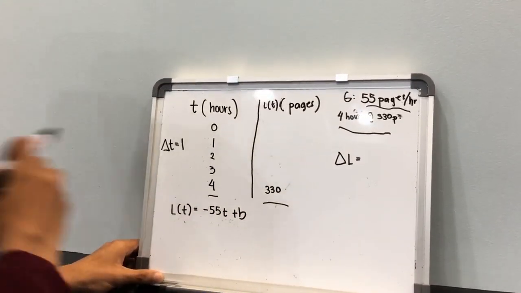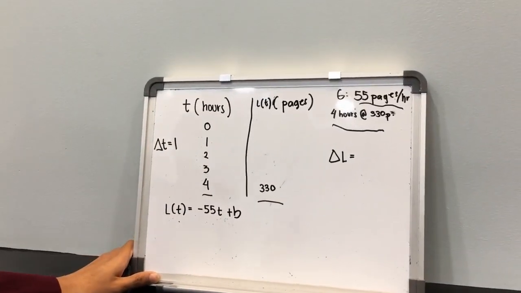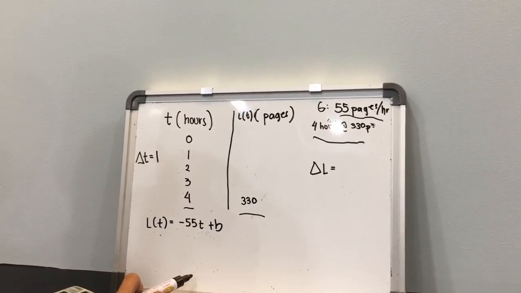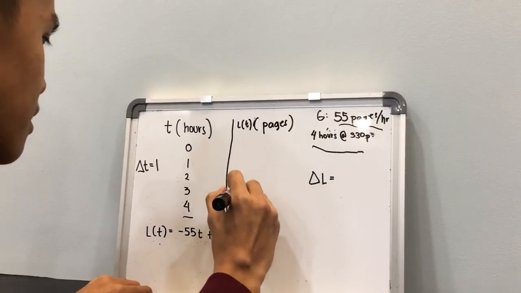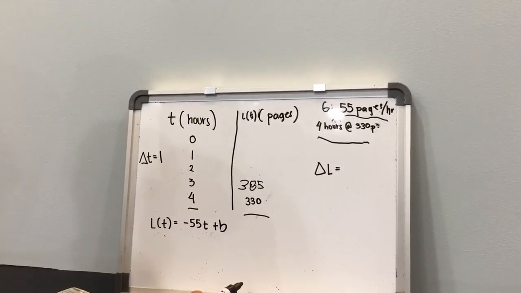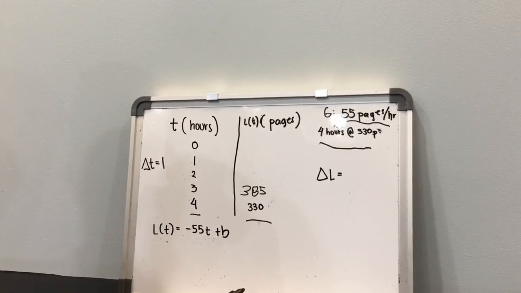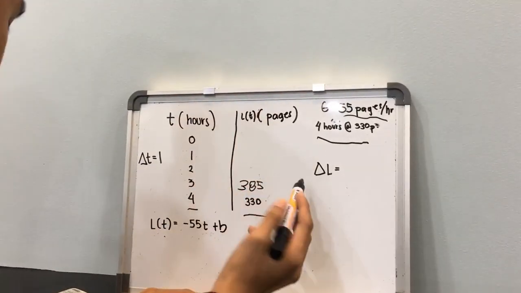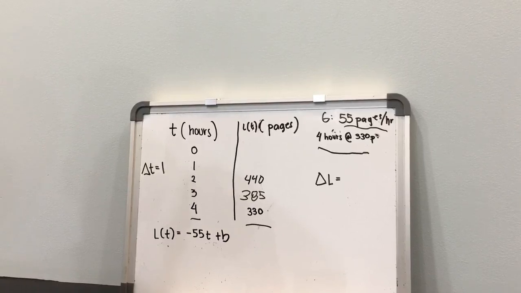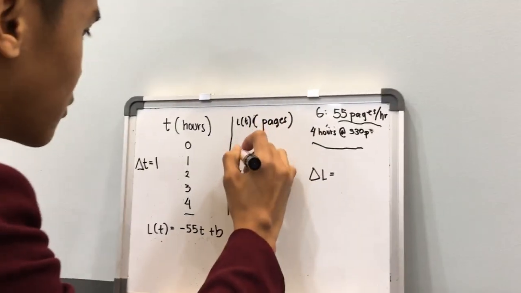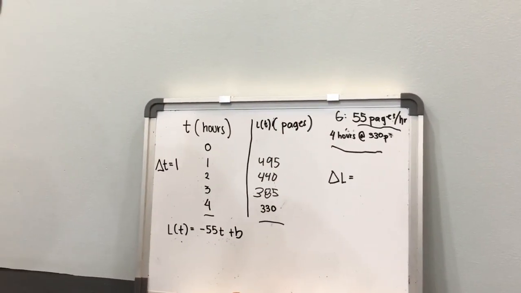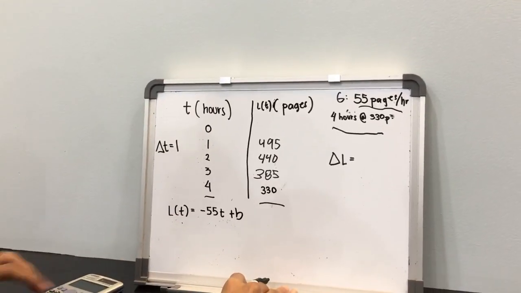So let's just input that in the calculator. 330 plus 55 is 385. 385 plus 55 is 440, and 440 plus 55 is equal to 495, and 495 plus 55 is equal to 550.